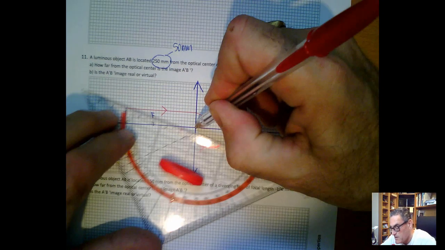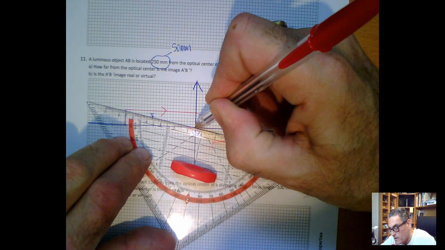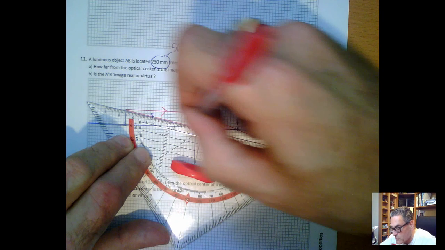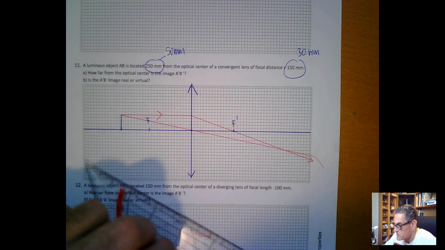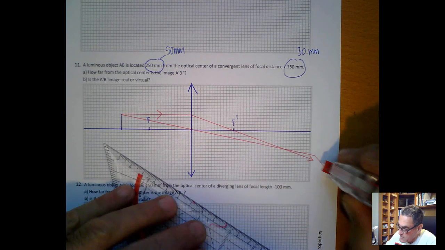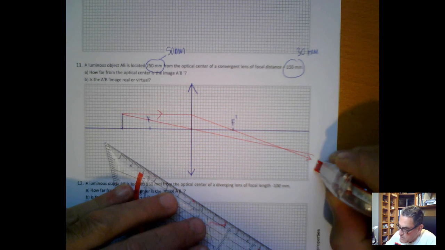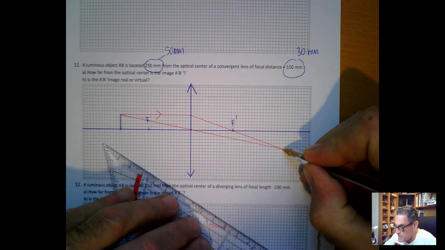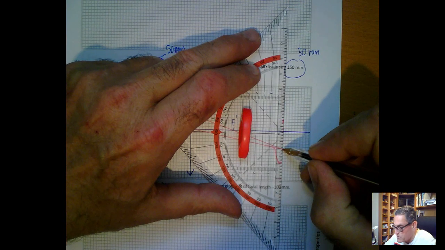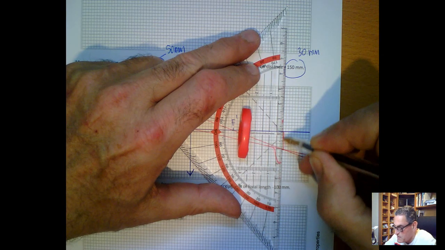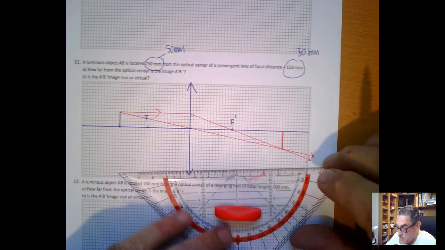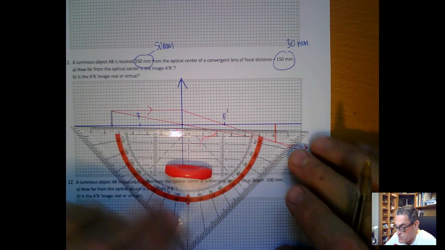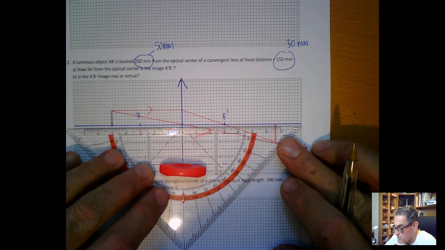And here we have one ray which is passing through the optical center, which goes straight away. Okay, so now we have here the intersection, and so the image is here.